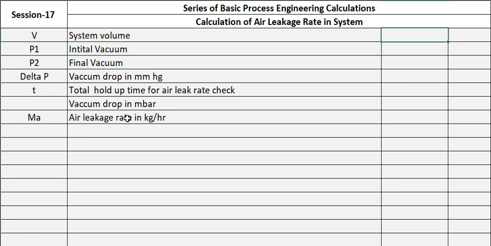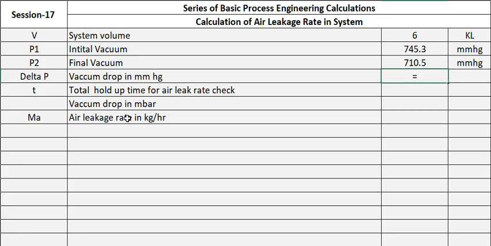So I have approximately 4 kL reactors, its piping and its receiver, all accessories, and the system volume we considered as 6 kL. Then we have an initial vacuum of 643.5 mmHg. Then the final vacuum is 710.5 mmHg.